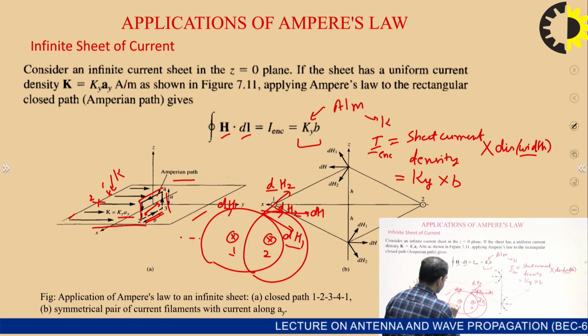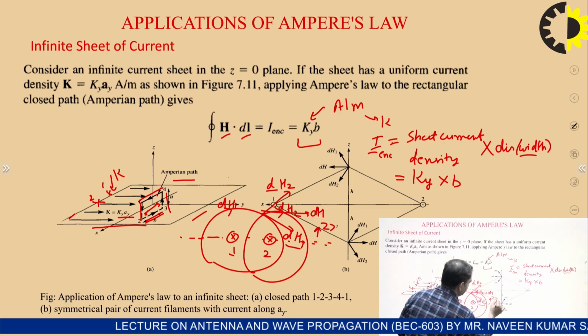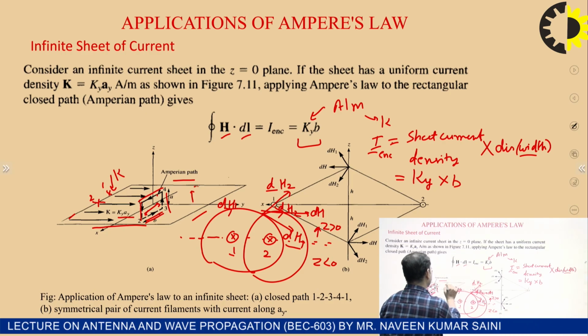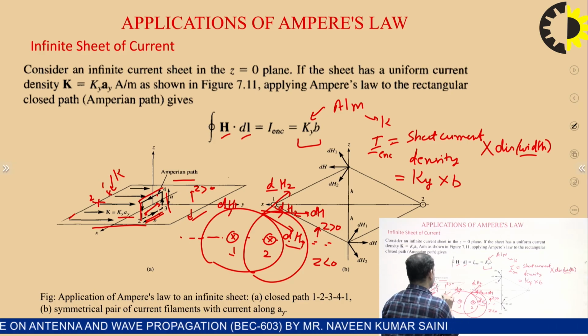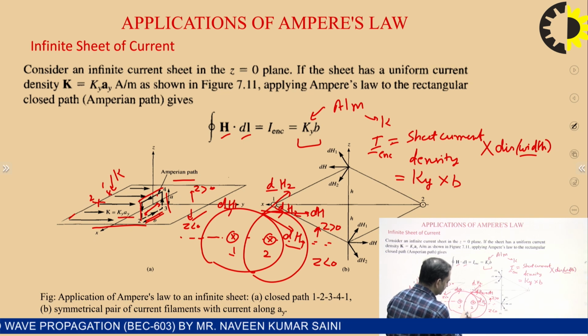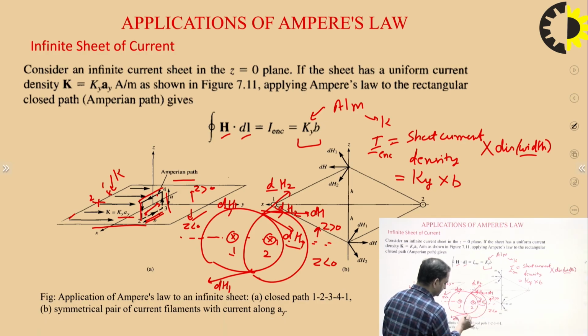And here we can see this is the axis. This side is Z greater than 0, and this side is Z less than 0. Similarly, at this point, this is dH1, and due to the second element, this will be your dH2.